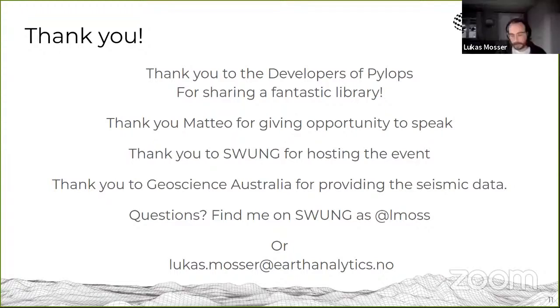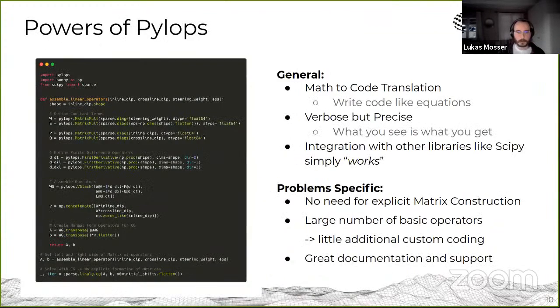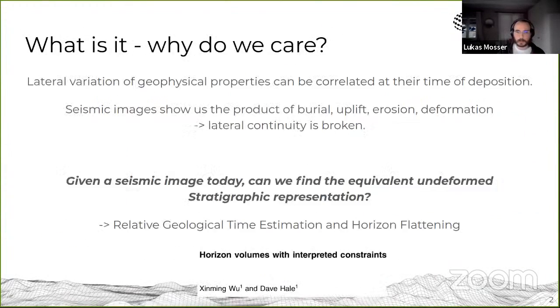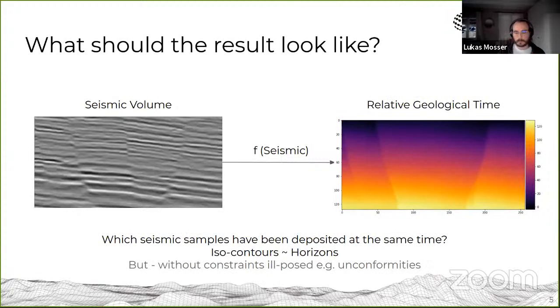Sorry. Right. So this was part of what I showed earlier here, that basically, you're absolutely correct. Normally, you would interpret some horizons, and these would give you some bounding volumes where you know that the reflectors across faults correlate with each other.